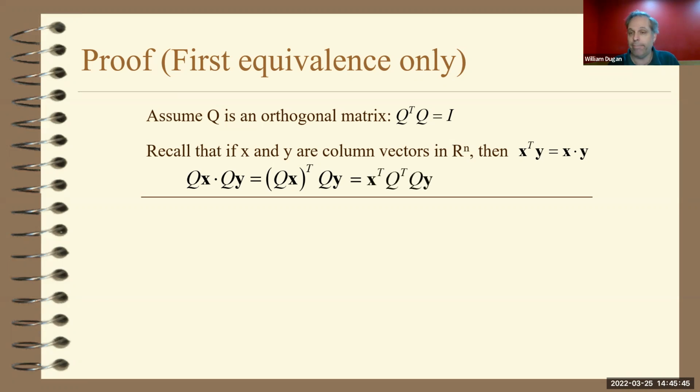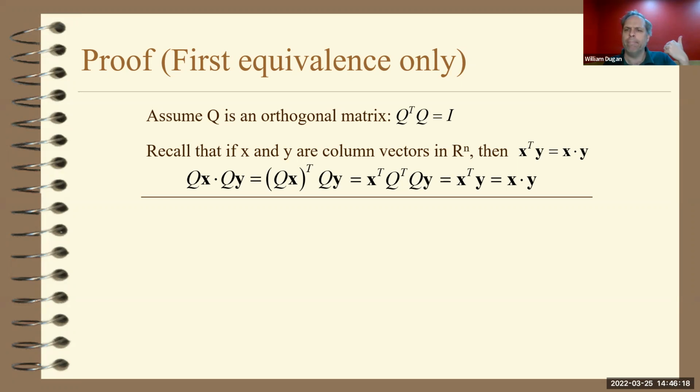So you get X transpose times Q transpose times Q times Y. But we know Q transpose times Q is I. So if you put the identity matrix in between that product, it doesn't matter. The I goes away. And you just get X transpose times Y, which we know is X dotted with Y. So we then have that QX dotted with QY is the same as X dotted with Y. So applying the matrix Q to these vectors does not actually change their dot product.